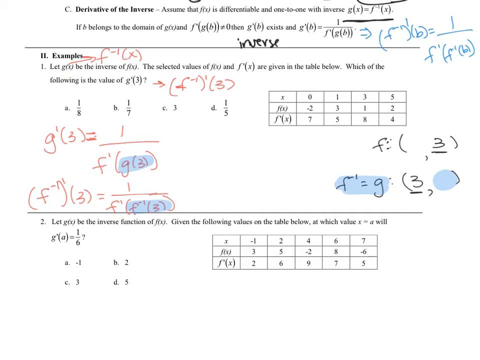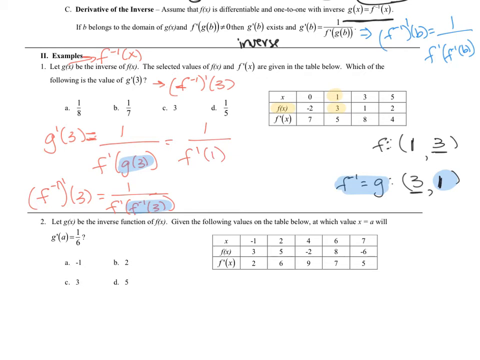So what I'm going to do is look at my table and say, okay, for the f function, I need an output of 3. And the input that goes with that is 1. Okay, so when I do f of 1, I get 3. The inverse function flips those. 1 is what I was looking for, okay? So g of 3 is 1.